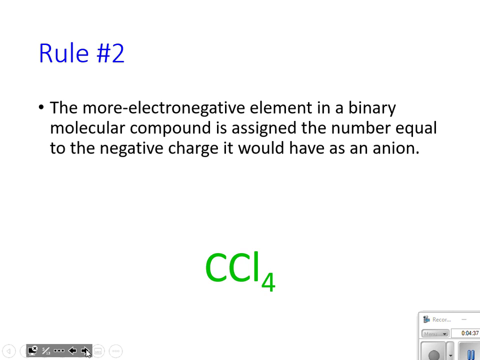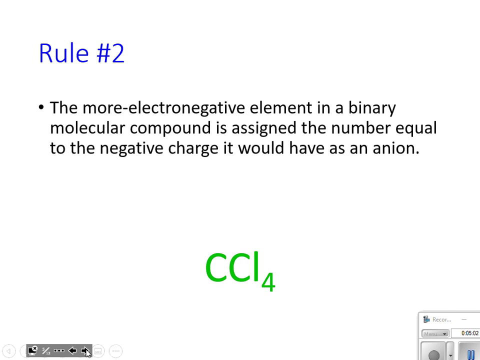We've got to determine which one of these elements is the more electronegative. You should already have a pretty good idea. If you're going to take a guess, what are you going to guess? Chlorine, right? Because we know that fluorine is our most electronegative. So we're going to guess chlorine.